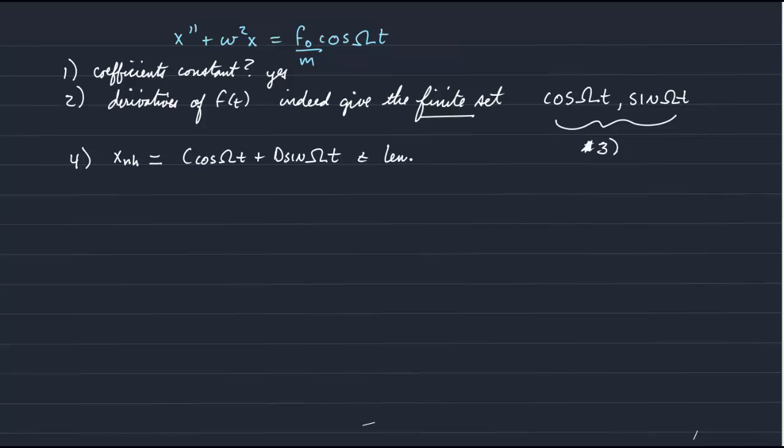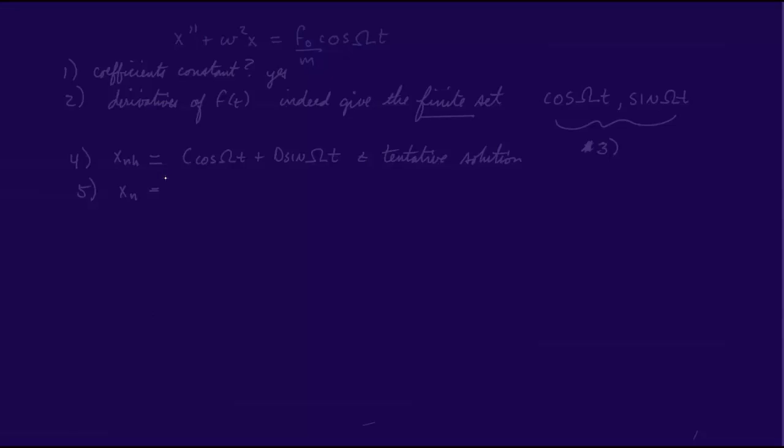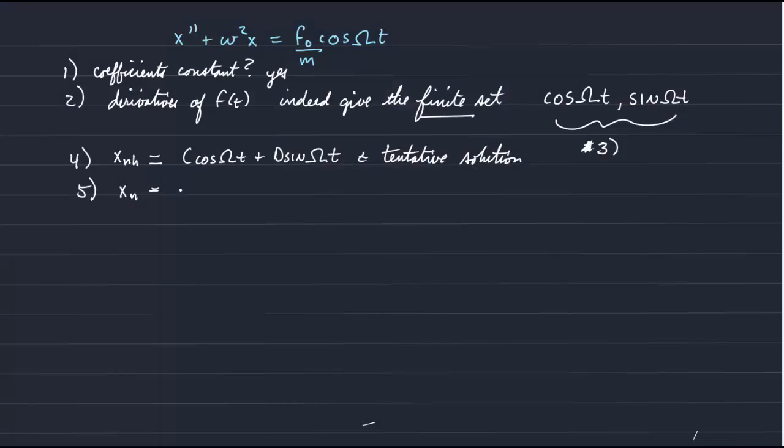So this is our tentative solution. Step number 5 was to get our general solution. So we have x h. Again, our general solution is a cosine little omega t plus b sine little omega t.